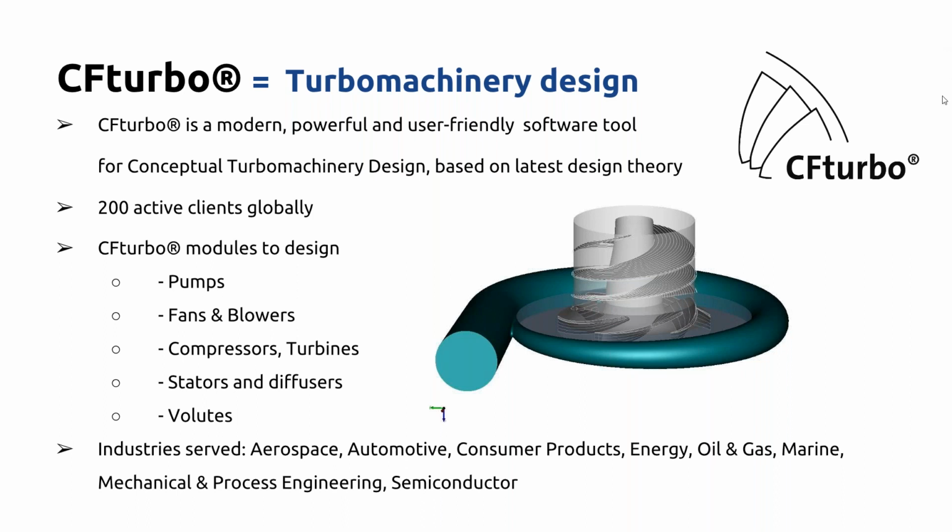Amongst them are the aerospace industry, automotive, consumer products, energy, oil, and so on, and also the semiconductor industry, because in almost all desktop computers, for instance, there are fans, and those have to be quiet and efficient, and that's why CFturbo can be used to design those turbomachinery.